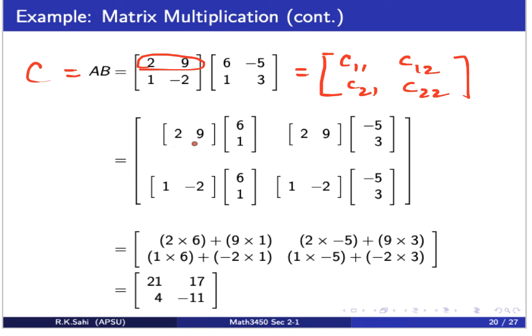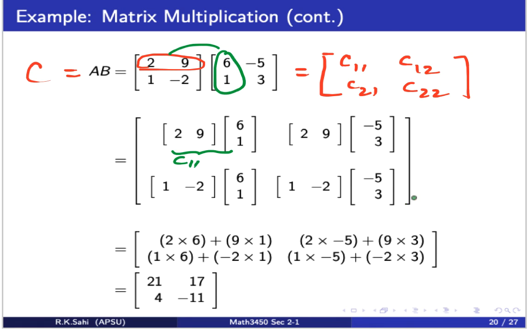So it is 2, 9. This one says the second element in the double subscript, that means you go to the second matrix and you look at the first column, 6 and 1. So these two together, 2, 9 and 6, 1, will give me the element C11.